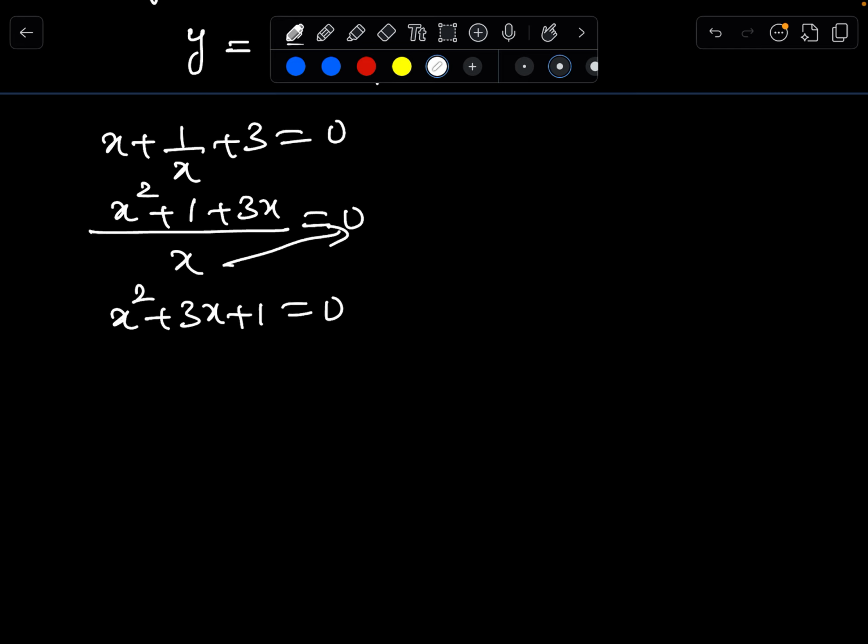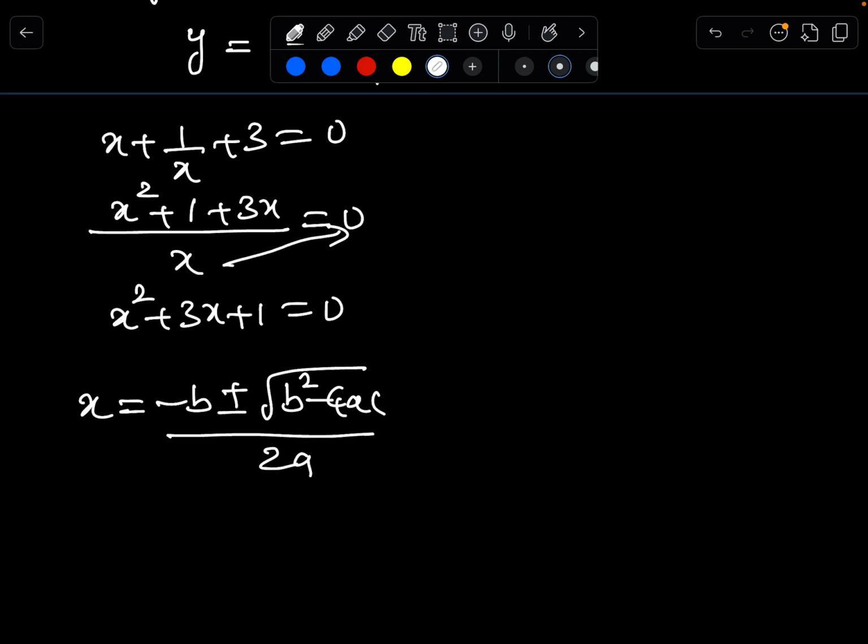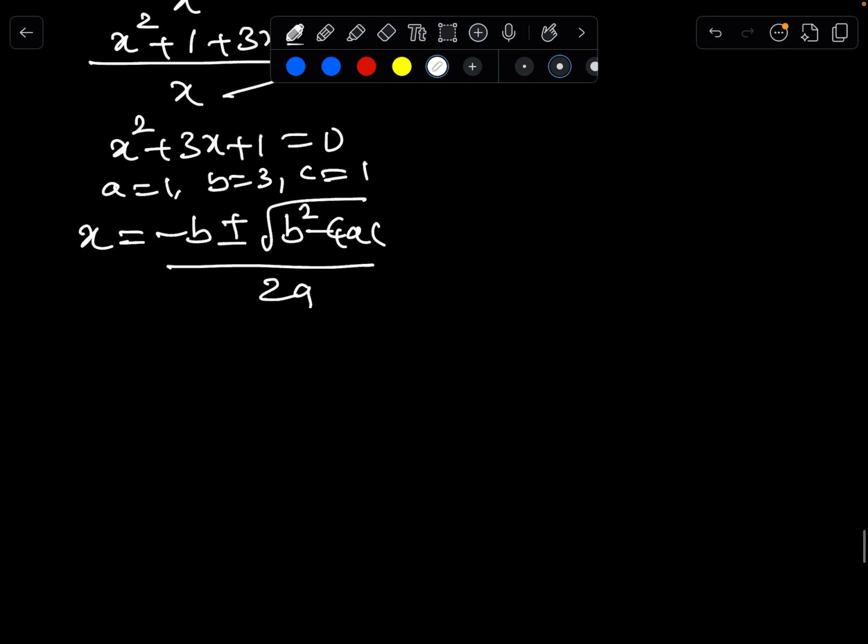The denominator x is taken to the right side, and then we get the quadratic equation. Now, it does not factor with integers, so use the quadratic formula: x equals minus b plus or minus under root of b square minus 4ac by 2a. Here a equals 1, b equals 3, c equals 1. Substitute in that. x equals minus 3 plus or minus under root of 9 minus 4 by 2.